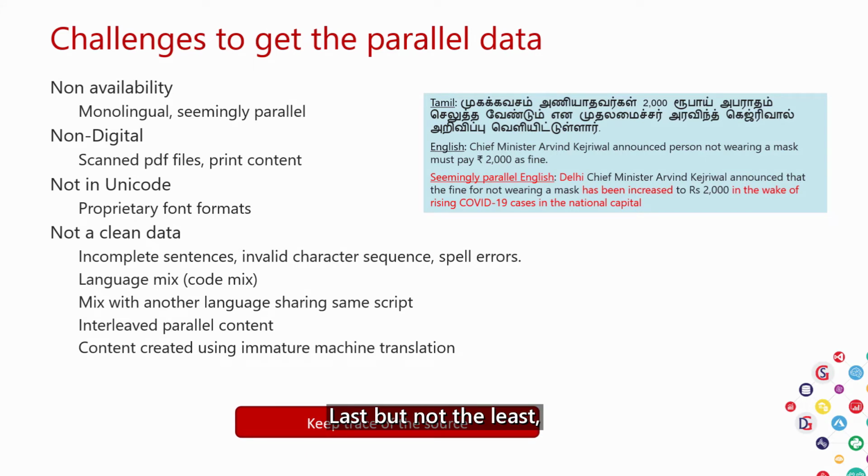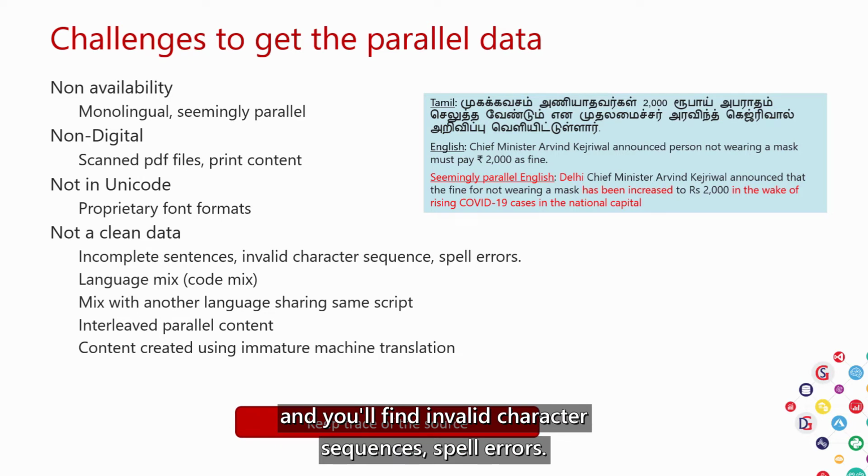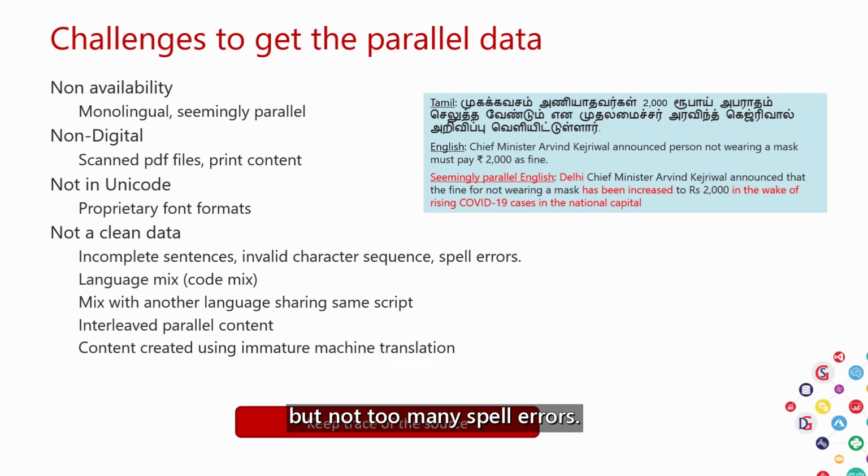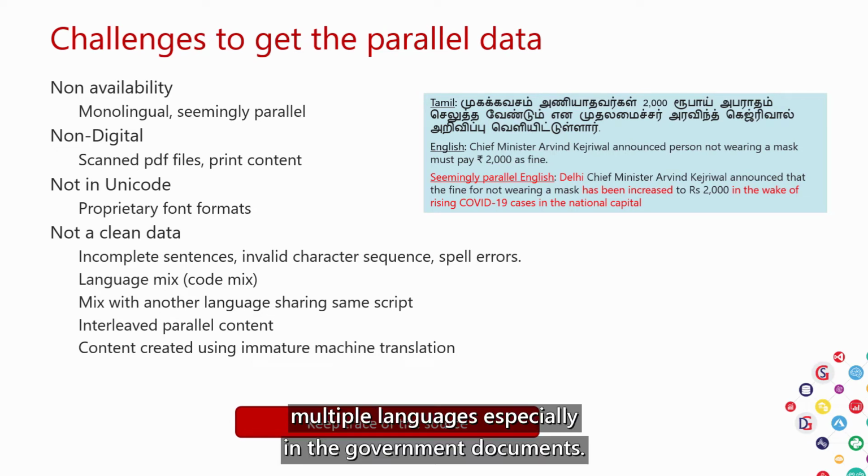And last but not least, you'll find a lot of unclean data, such as incomplete sentences which don't make any sense. You will find invalid character sequences and spell errors. Spell errors are okay to an extent to have in the content, but not too many. You will find content mixed with multiple languages, especially in government documents.